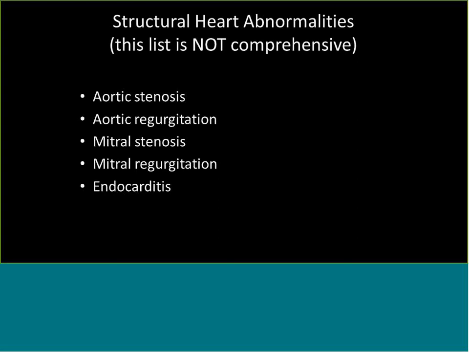It's a comprehensive list, so I thought we would talk about some of the more common structural heart abnormalities that we see in our patients: aortic stenosis, aortic regurgitation, mitral stenosis, mitral regurgitation, and endocarditis. I was going to put hypertrophic obstructive cardiomyopathy on there, and then I thought, where do I stop? So this is what we're going to talk about today. We'll get to those other issues with our cardiomyopathies in future talks that we do.